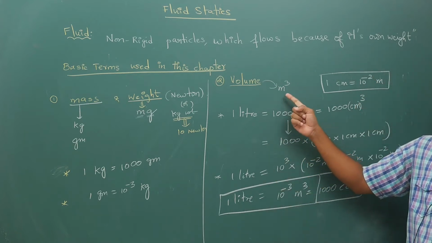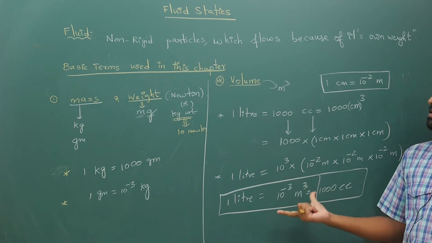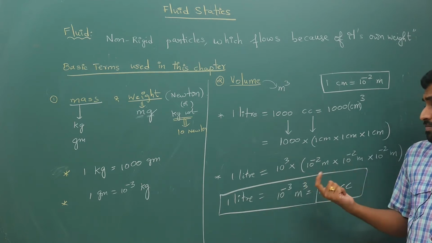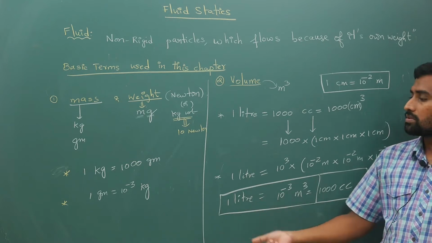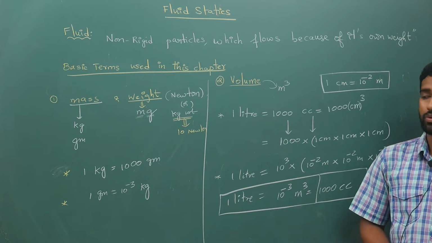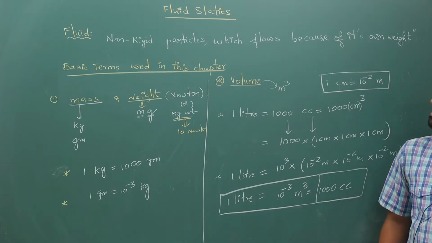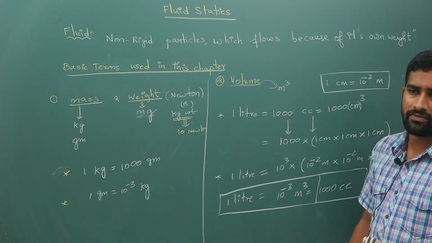Volume unit is meter cube. 1 liter is 1000 cc, that is 1000 centimeter cube. Like this you are supposed to substitute: in terms of liters if required, and kg to gram, gram to kg conversion. Copy this down, we will continue. You can pause the video clip and copy this down.